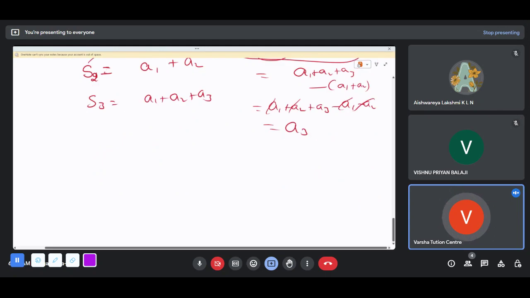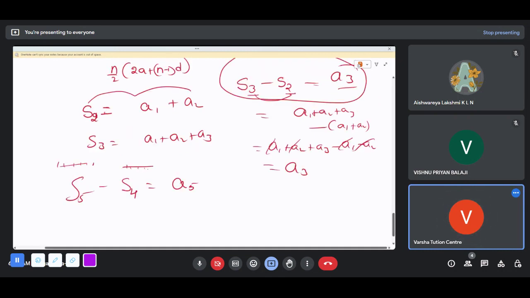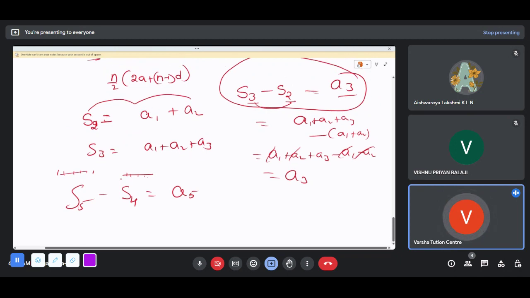Suppose I do S5 minus S4, what will I get? Meaning A5 you will get directly. Because here there are 5 terms, 1 2 3 4 5, and here there are 4 terms. These first 4 terms cancel, that is what happened, right? In S2 there are 2 terms, in S3 there are 3 terms.